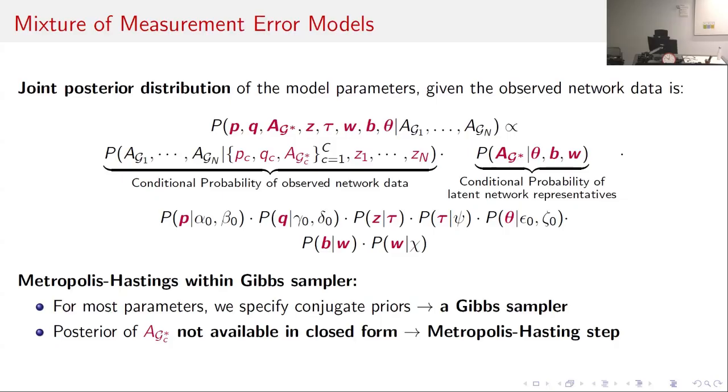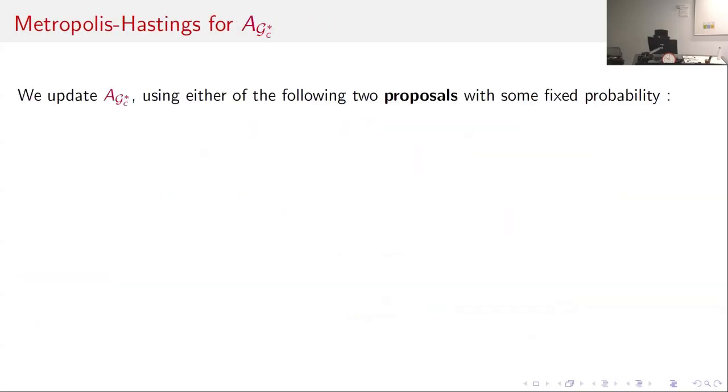So the Gibbs sampler is pretty common, it's pretty straightforward for conjugate priors. You have the posterior in closed form. I'm just going to give a few more details about the Metropolis-Hastings step and how we update the G star network of each cluster. And I'm going to talk about the proposals.